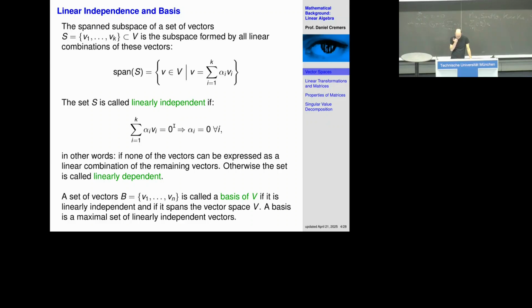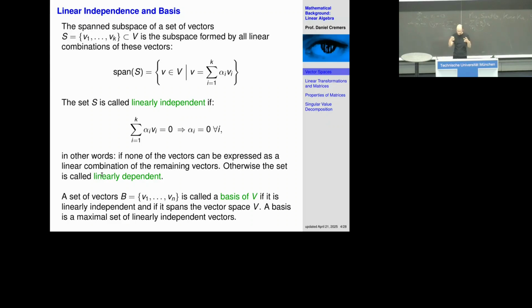And this leads to, so this is linearly independent, otherwise linearly dependent. And as we see here, linearly dependent means one is superfluous. It can be expressed by the others. And what you can then do is add vectors to the set as long as they're still linearly independent.